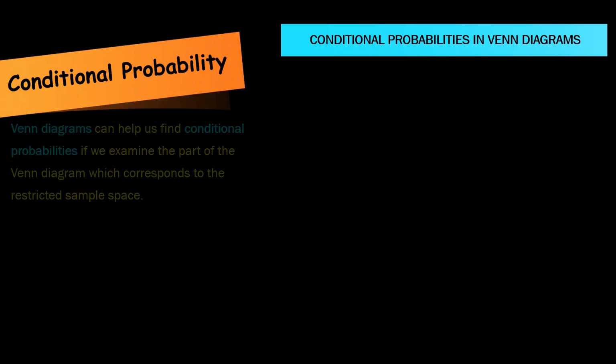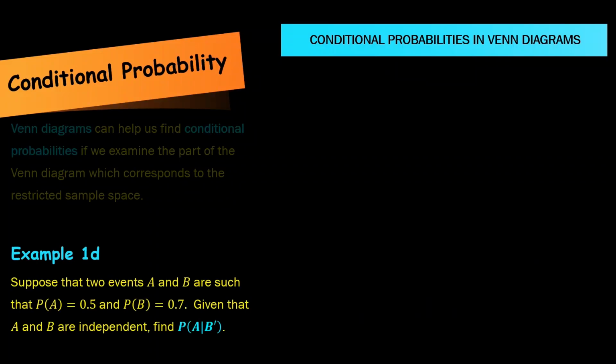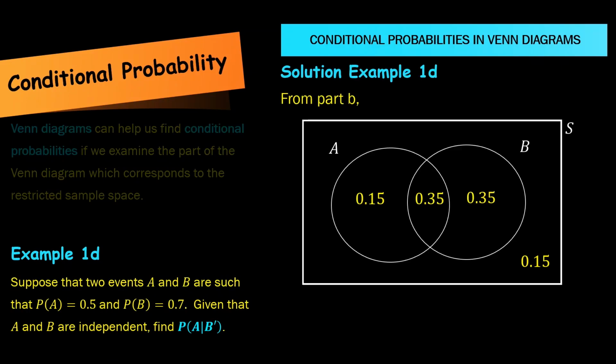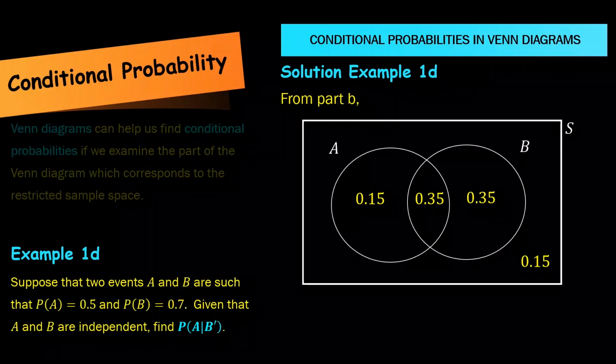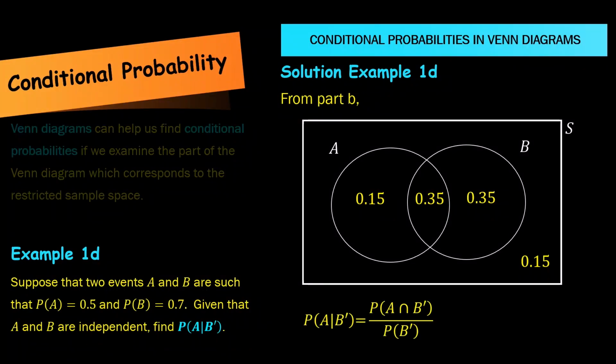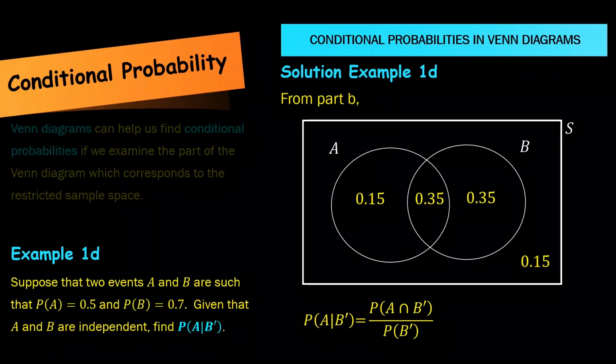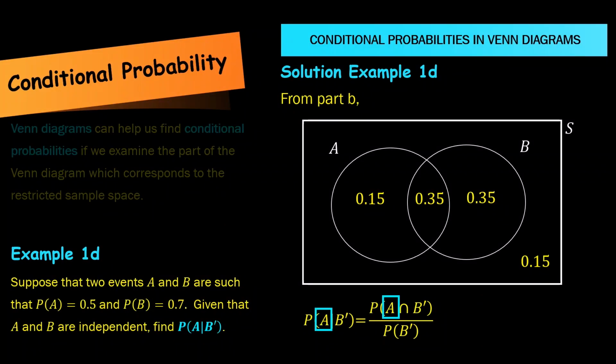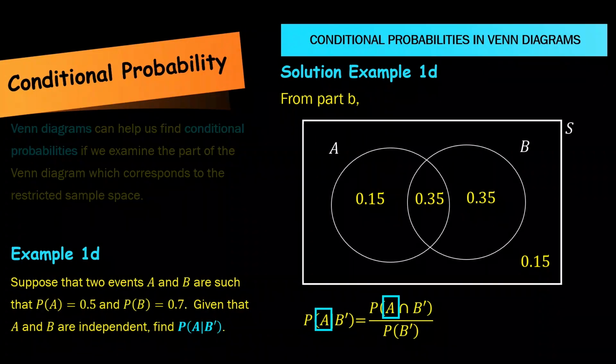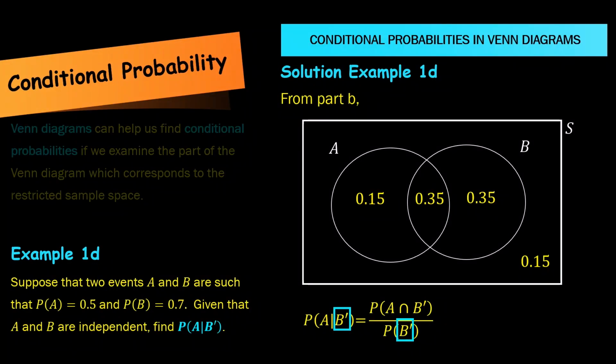And now for part D. We are required to find the probability of A given not B. So let's solve this. Again, from part B, we have our sample space with all the probabilities in it, as shown. And using our formula, probability of A given not B equals probability of A intersect B dash divided by the probability of B dash.